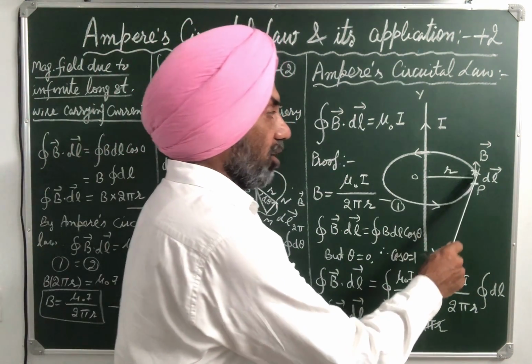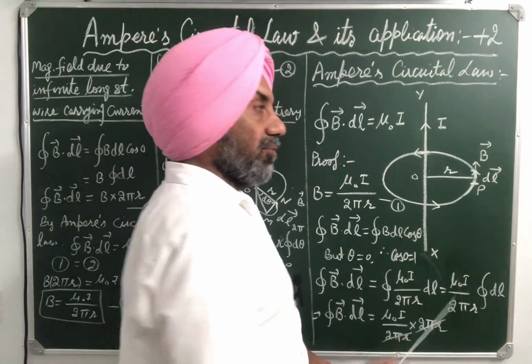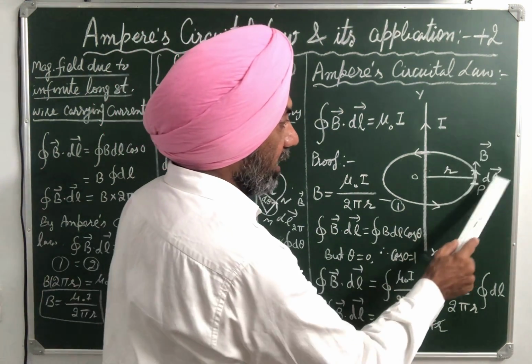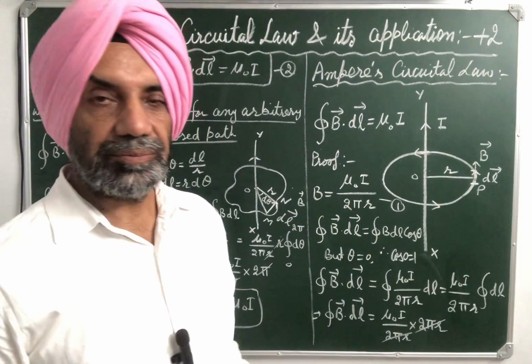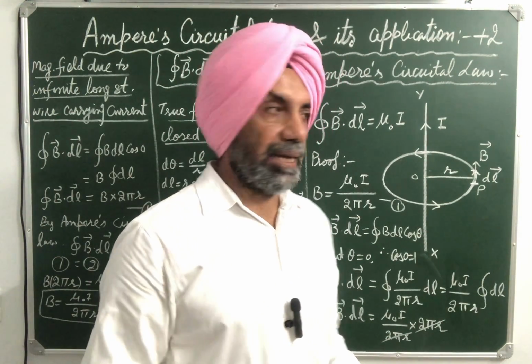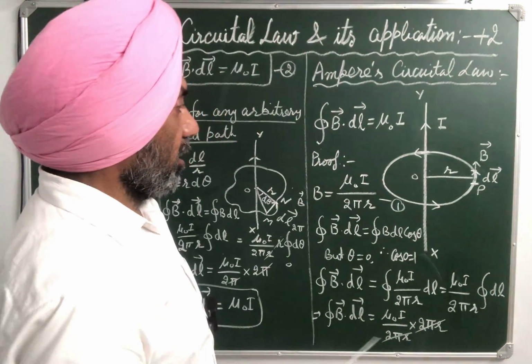Let dl be the length of this small element at r and B the magnetic field at r. The magnetic field B and the dl vector are in the same direction, because the magnetic field is tangent to the magnetic line of force and the dl vector is also tangent to the magnetic line of force.